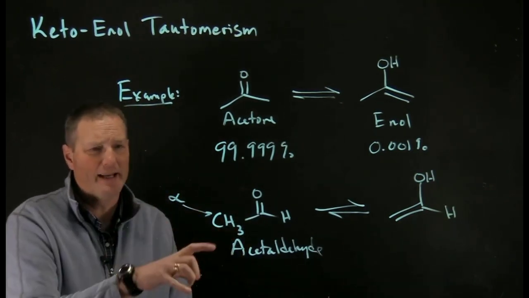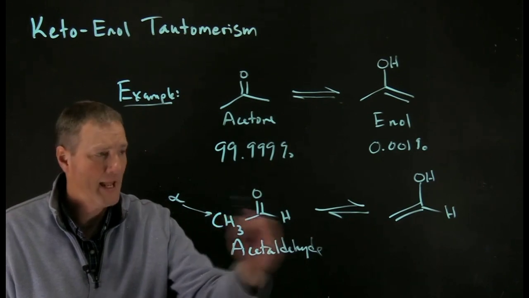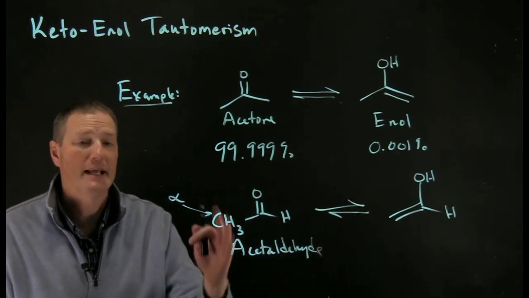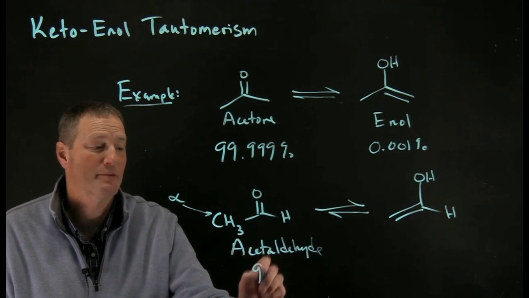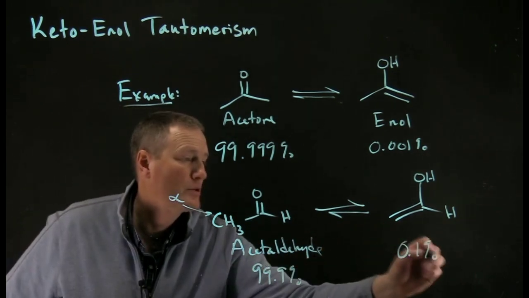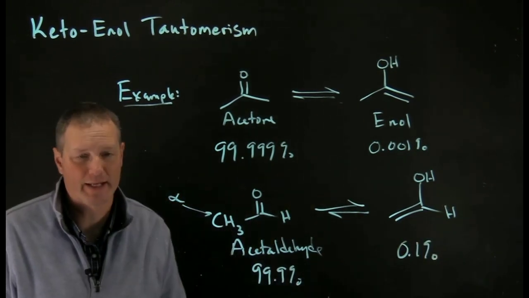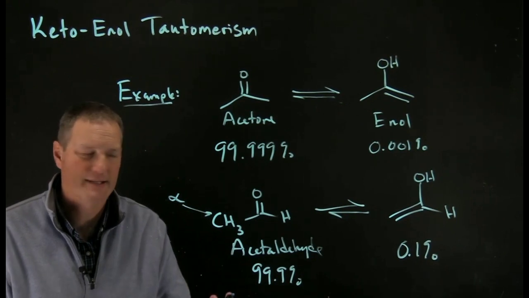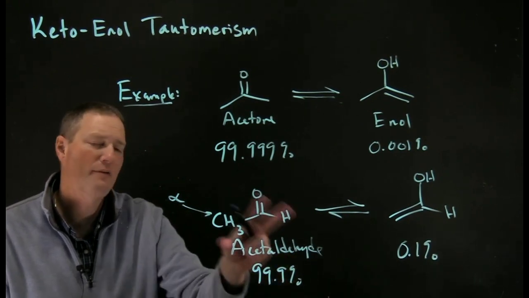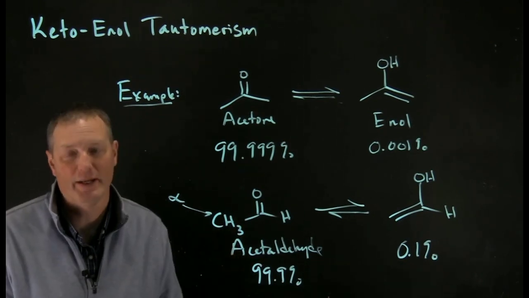Even though it's called an aldehyde, in this context of tautomerism, this would be called the keto form, and this would be called the enol form. In the case of aldehydes, the percentage is actually a little bit higher for the enol. We get about 0.1% of the enol, which is considerably higher than in the case with the ketone. As we'll see in the next section of the video, if you have a mixture of aldehydes, they can undergo a very special reaction because of this keto-enol tautomerism.